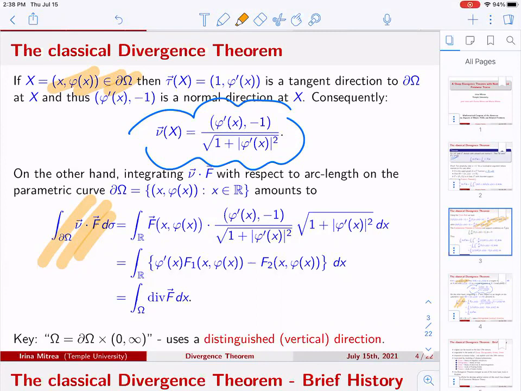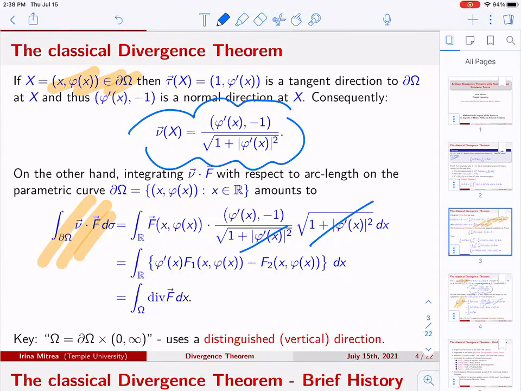All right, so the square roots cancel: this square root cancels the one in the bottom, and taking the inner product here leads exactly to the expression that we computed earlier. Okay, so that's a quick proof of the classical divergence formula.